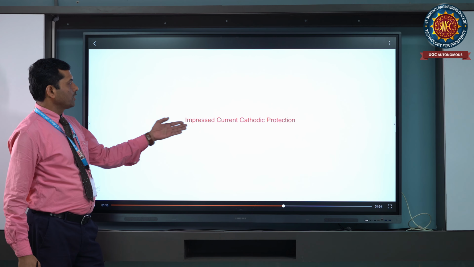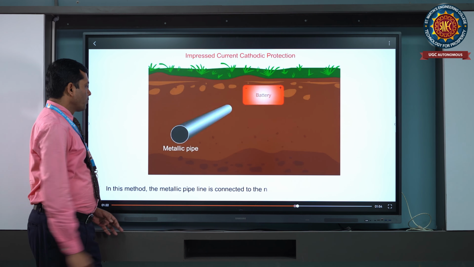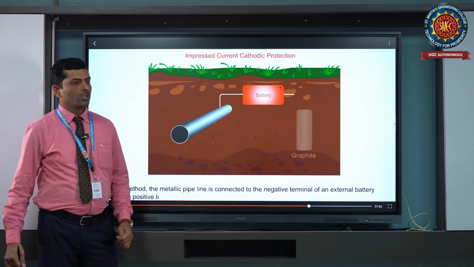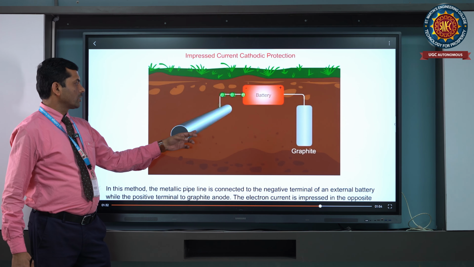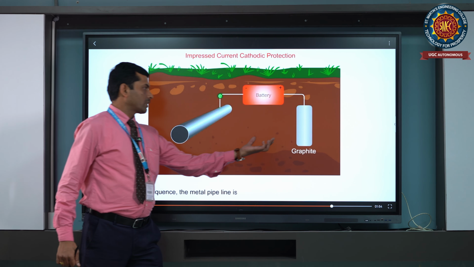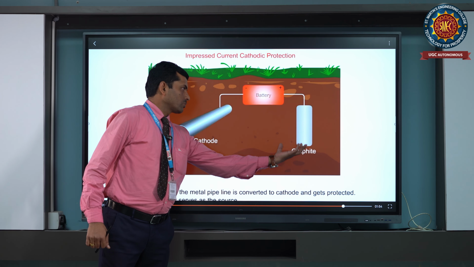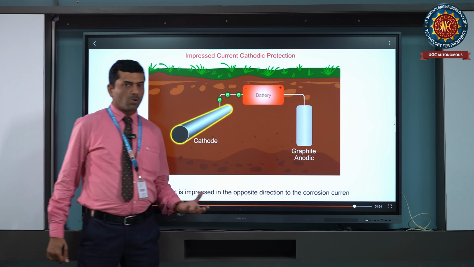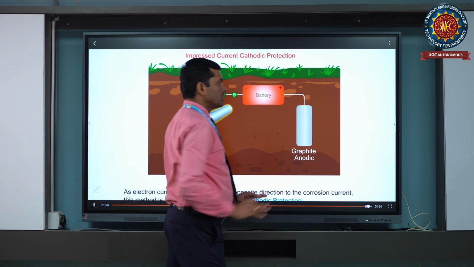And next we have the impressed current cathodic protection method. Here the metallic pipe is connected to the negative terminal of an external battery. From the external battery we are allowing the current, so the iron pipeline is converted to cathode, and graphite is acting as an anode. It has good connectivity to the corroding environment, and it is completely losing its electrons.